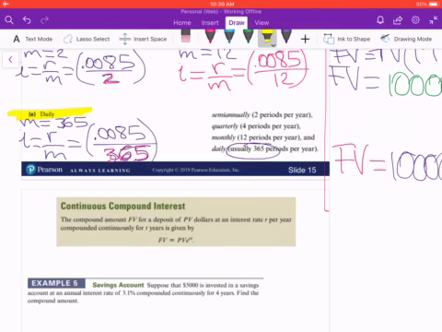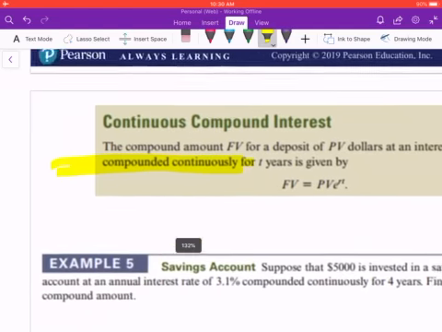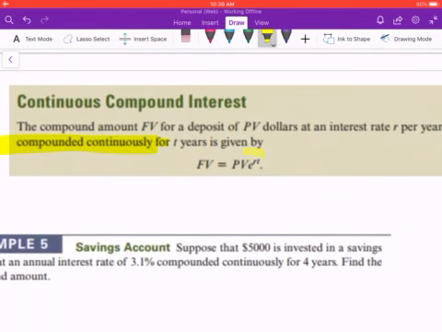And so now the idea is that if you keep increasing the number of compounding periods, we go to another formula called compounded continuously. So this is like nonstop compounded interest. For that, we use a different formula, like the one we have here.